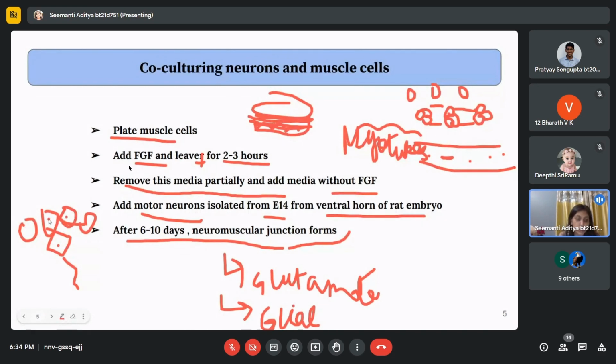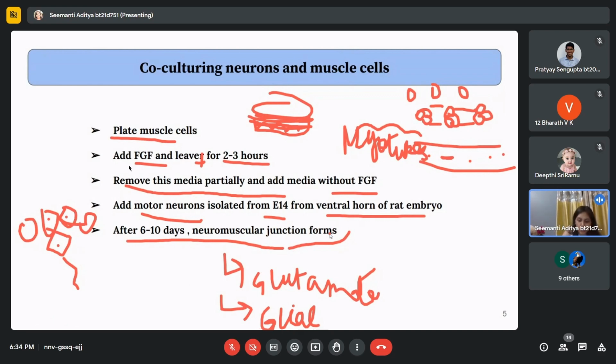Apart from that, it also absorbs the neurotransmitter, and it allows the neurons to pass the information very nicely to the muscle cells. So addition of glial cells also increases the electrical excitability of these neurons. So by adding the glial cells and by adding glutamate, we can be sure whether the neuromuscular junction is forming.